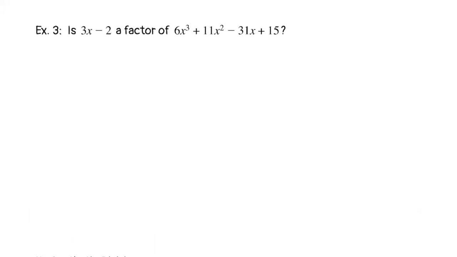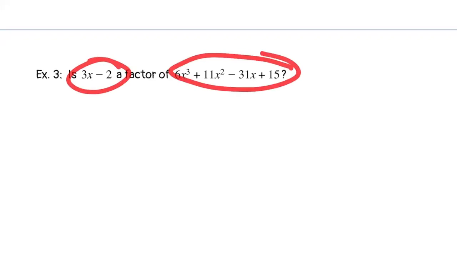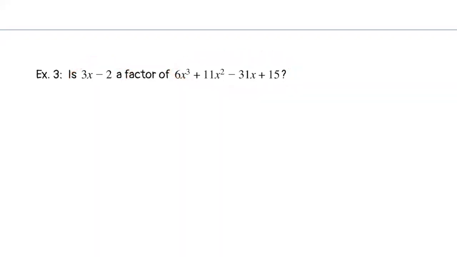Now, this question is a lot harder to eyeball, right? We can't look at it and be like, oh yeah, 9 times 5 gives us 45, so we're all good to go, right? But we can use the same structure. And so of these two polynomials, which one of these is the dividend, like the one on the inside of that symbol?